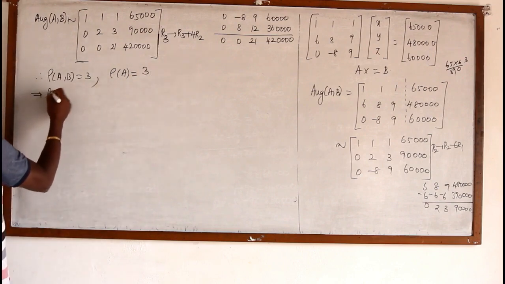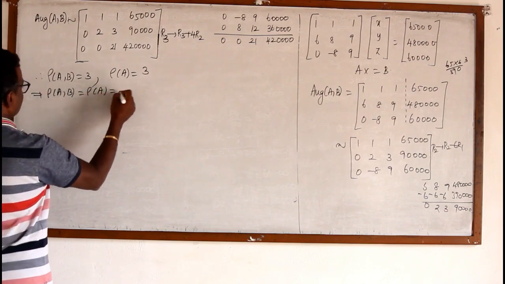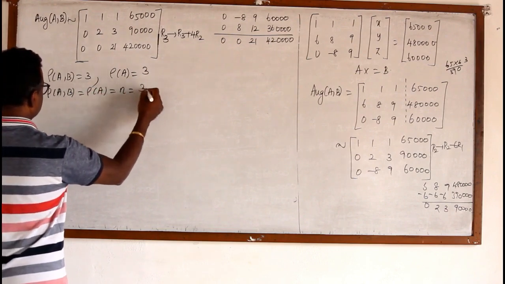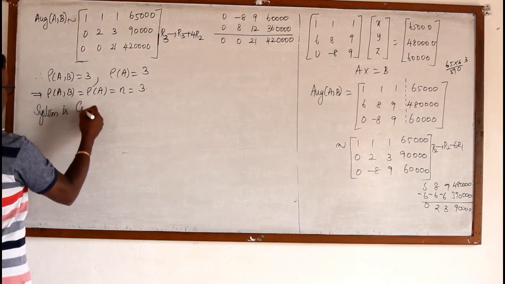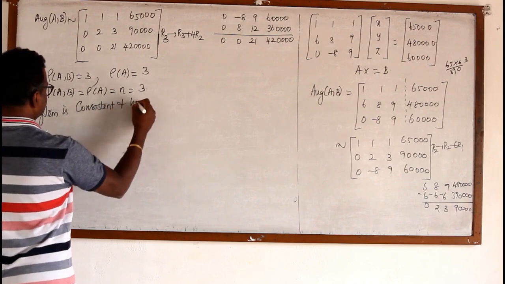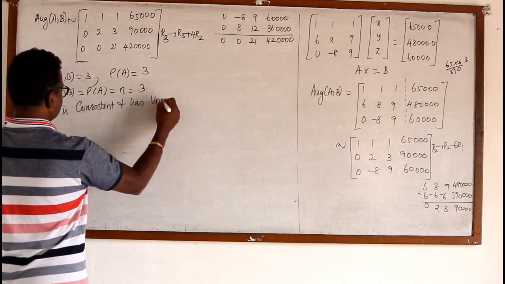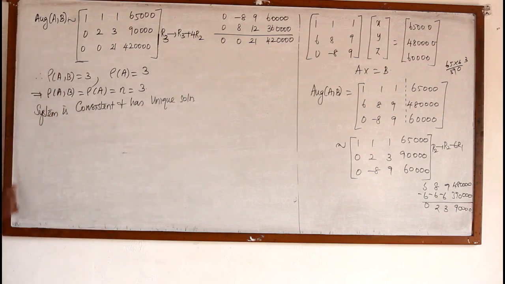In that case, rank of AB equal to rank of A equal to number of unknowns, all are 3. So that means system is consistent and it has a unique solution. That means there is only one solution.